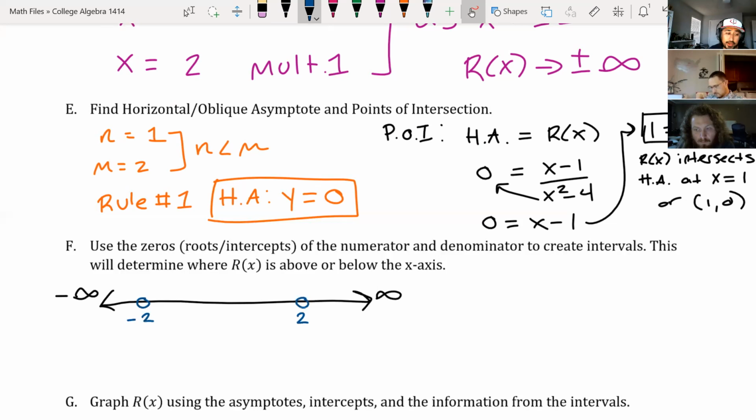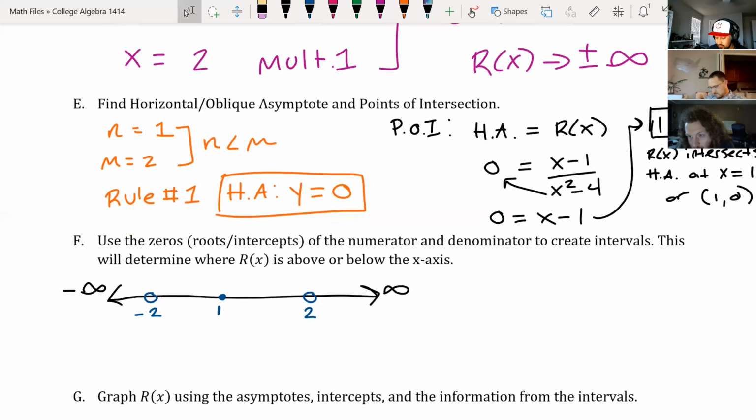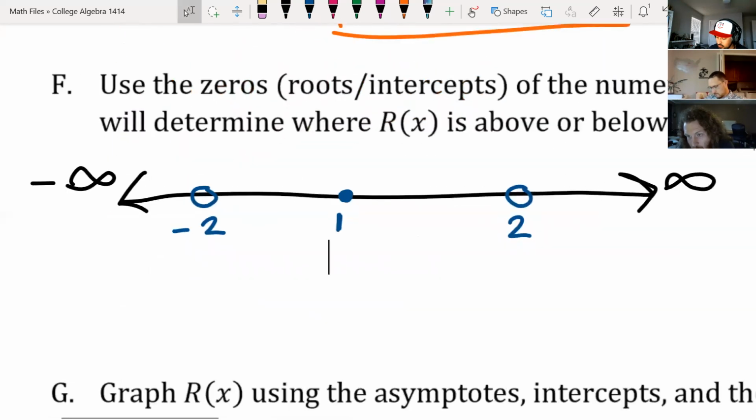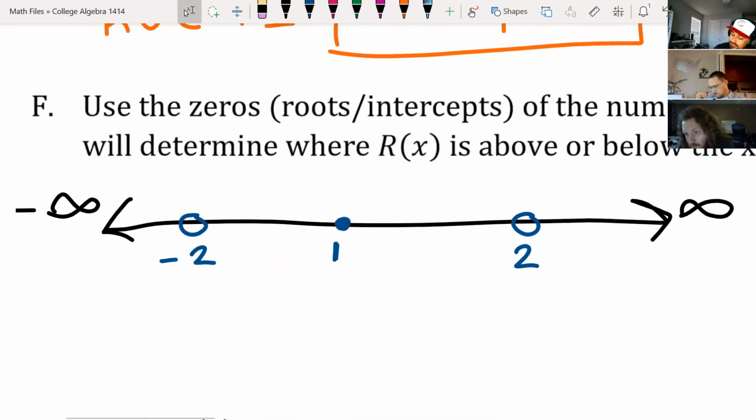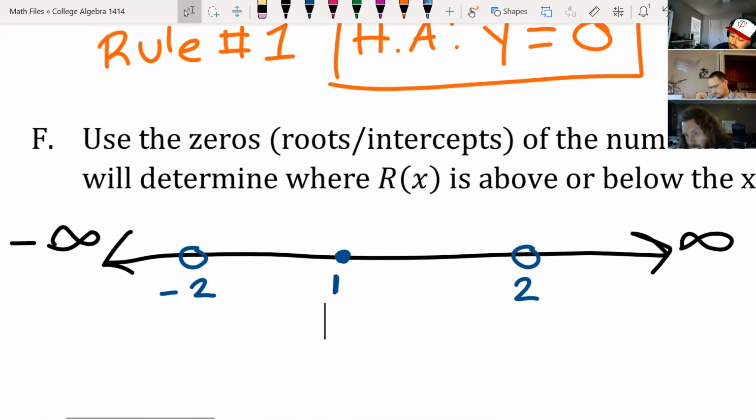And then the other x value we have found is just our x-intercept, which happens to be 1. So we're plotting all the x values we have found. Okay. So now let me zoom in a little more. There we go. So the next step is to create intervals.